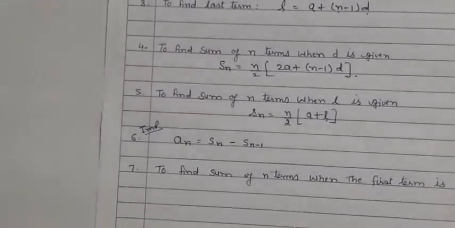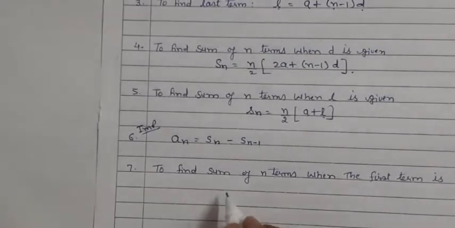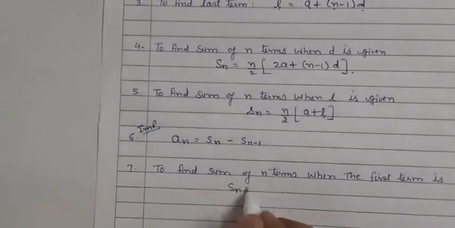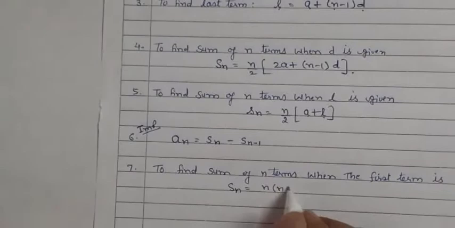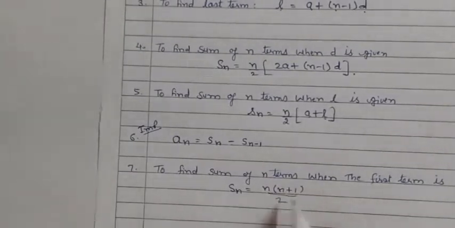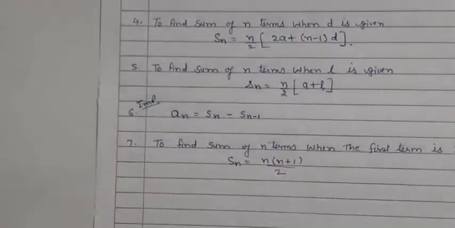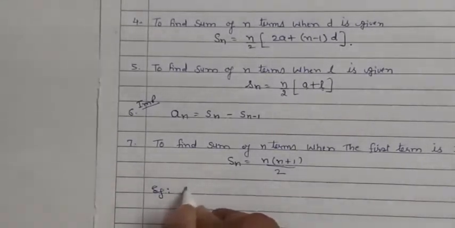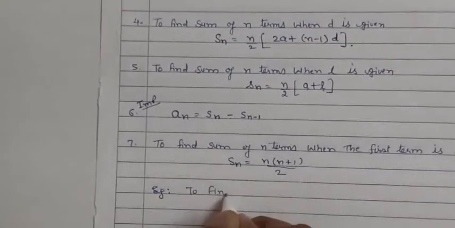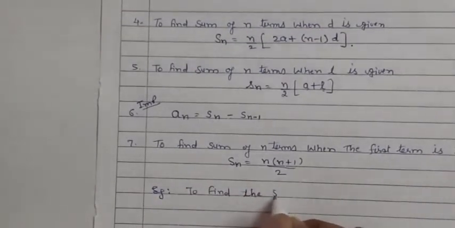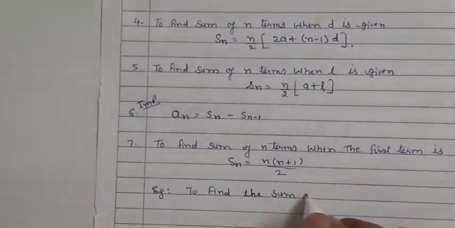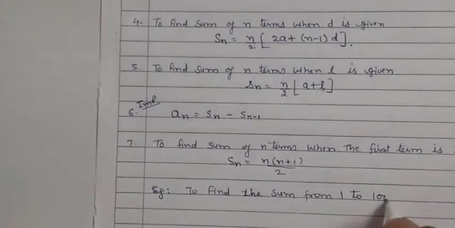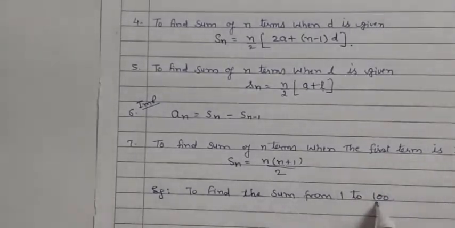To find the sum of n terms when the first term is given to you as 1. Okay, first term is given as 1, then what will be Sn? This is n into n plus 1 upon 2. I am explaining this with the help of an example. If I have to find the sum from 1 to 100, here n is your 100.